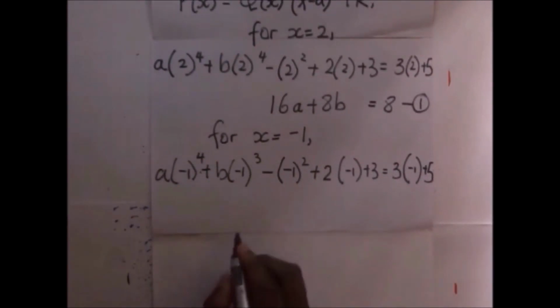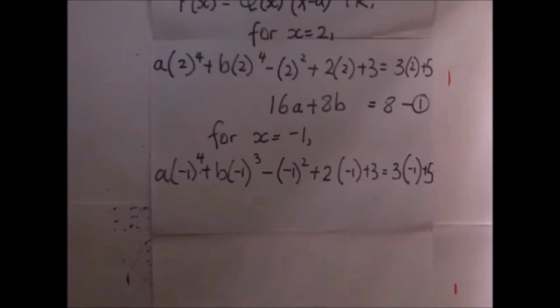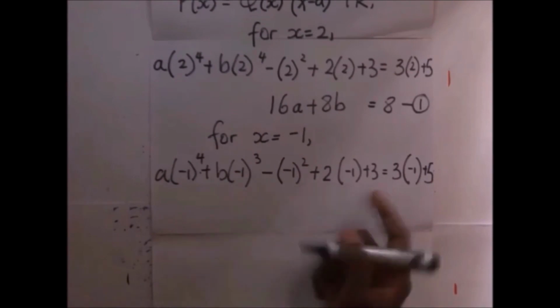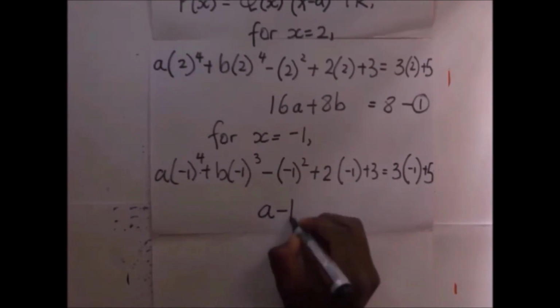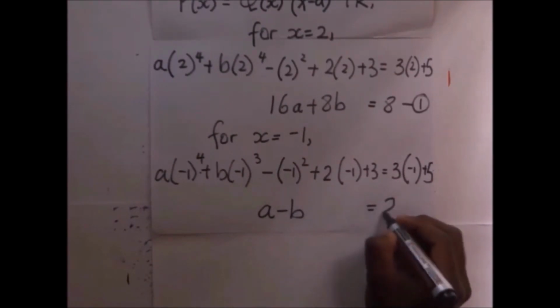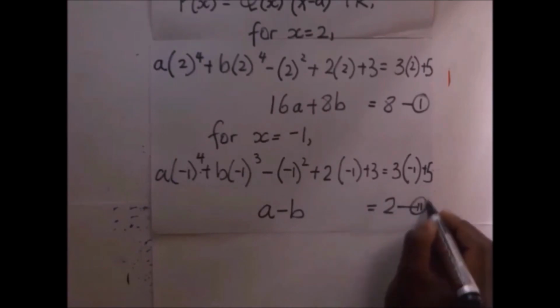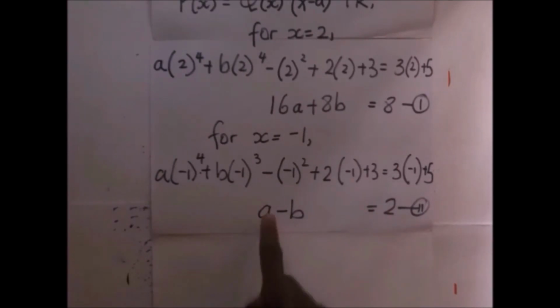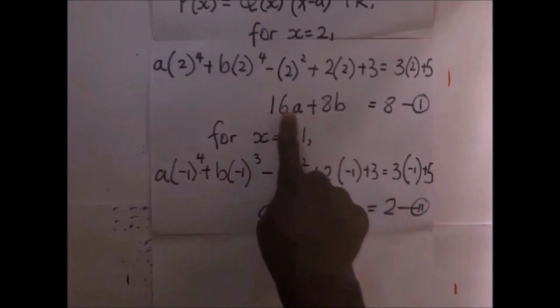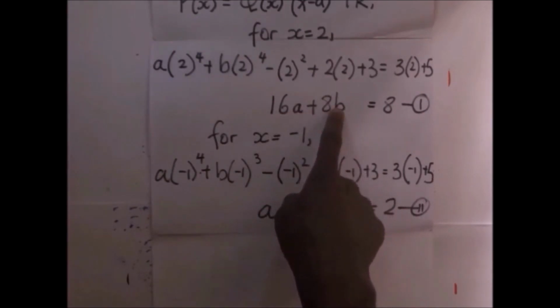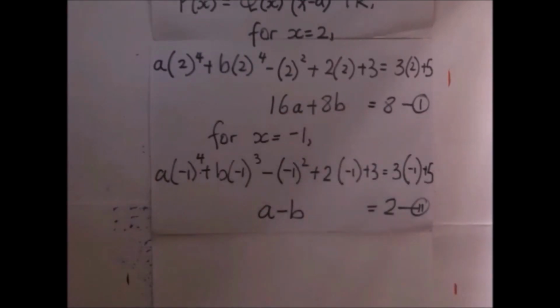So we shall end up with our value of our expression here as a minus b is equal to 2. So our first equation is a minus b is equal to 2. Our second expression is 16a plus 8b is equal to 8.